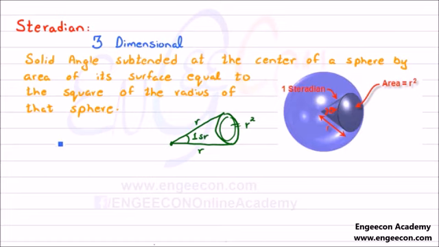The formula we used for radian was arc divided by r. We can modify this formula for steradian as area divided by r square. In this case, the area is equal to r square. So this cancels out, and here we have theta equal to 1 steradian.